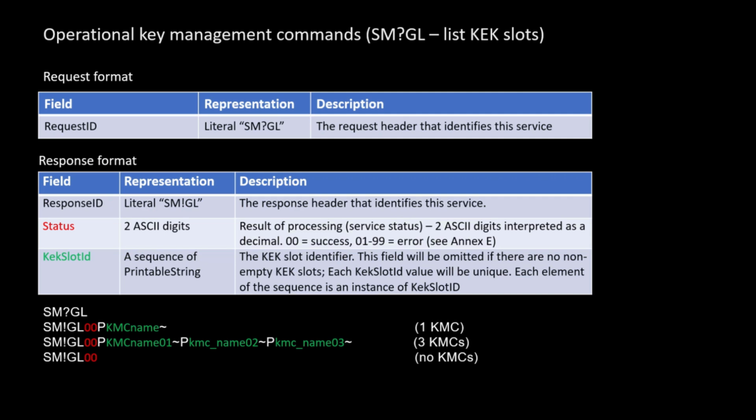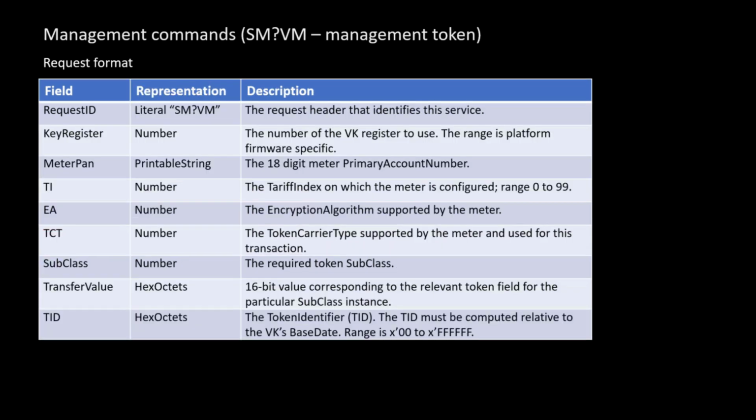That's for one KMC. You can have a response that has multiple KMCs. In that case, they'll be concatenated together, and it's a P KMC name 1, P KMC name 2, and a P KMC name 3. And then if you get an SMGL 00 without anything attached, it means there are no KMCs attached to the security module.